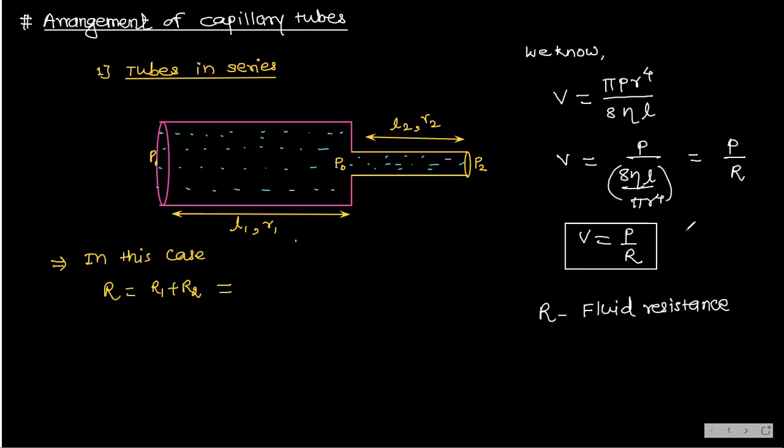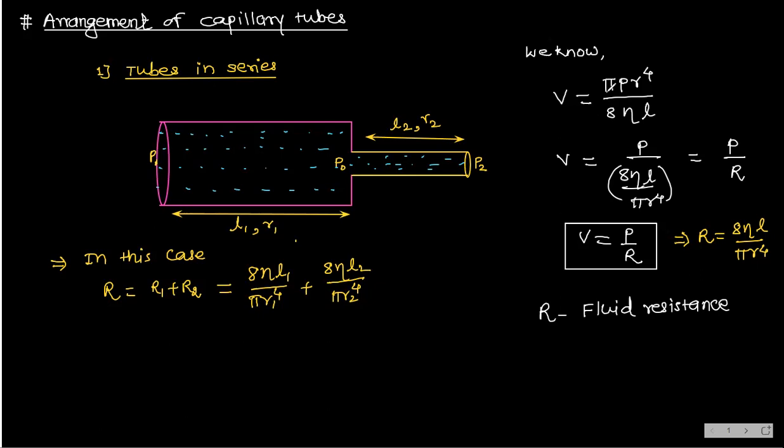Now the common formula we got here, where R is equal to what? 8 eta L divided by pi R power 4. This is the fluid resistance formula. Now here R1 is there. That's why I'm substituting like this: 8 eta L1 divided by pi R1 power 4 plus, at the place of R2, 8 eta L2 divided by pi R2 power 4. Okay.